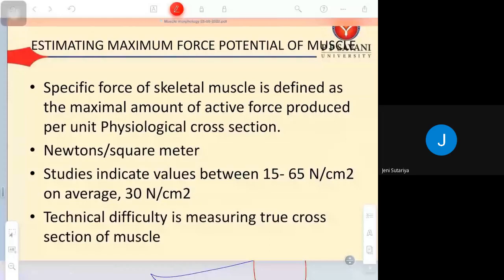Specific force of skeletal muscle is defined as the maximal amount of active force produced per unit physiological cross section. The force is measured in Newton per square meter, or Newton per square centimeter.